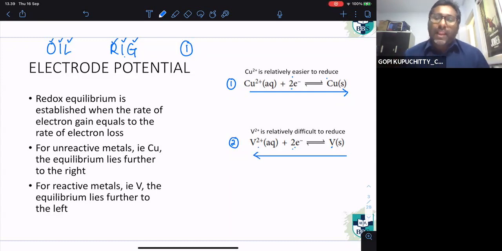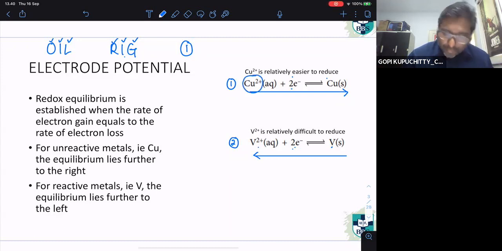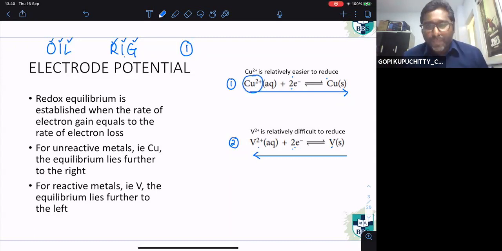What this tells us is that I can come to a certain conclusion about copper 2+, the copper ion. In this case, the position is shifted to the right. It means they have a very good tendency to accept electron, or gain electron, to give you copper.